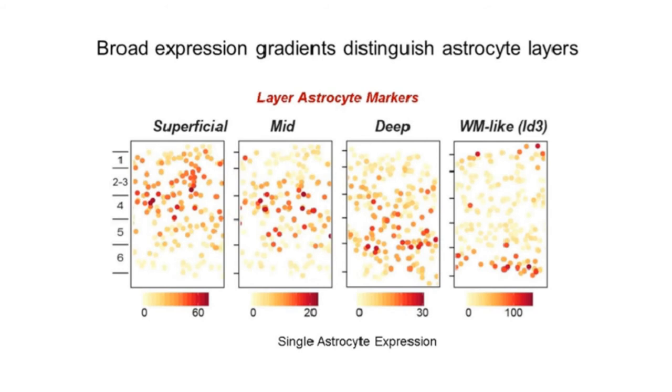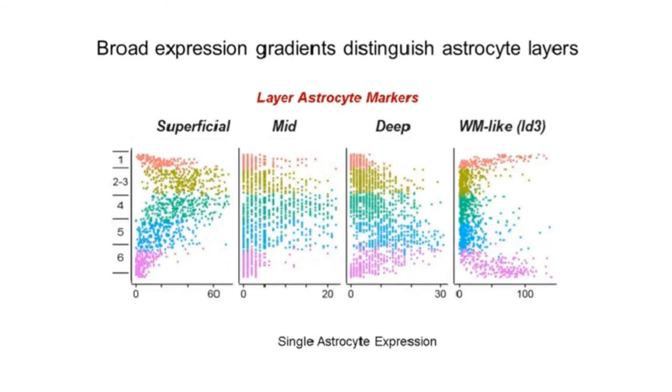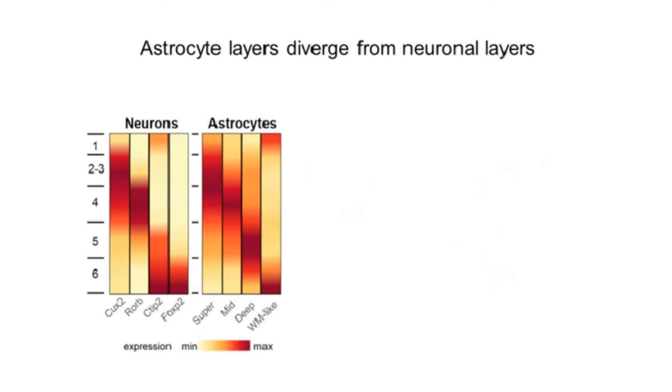You can appreciate that these broad superficial, mid, and deep astrocyte layers that we identify do not necessarily correspond to what we have identified for neurons, shown here as single cell plots and also as interpolated smooth expression plots.